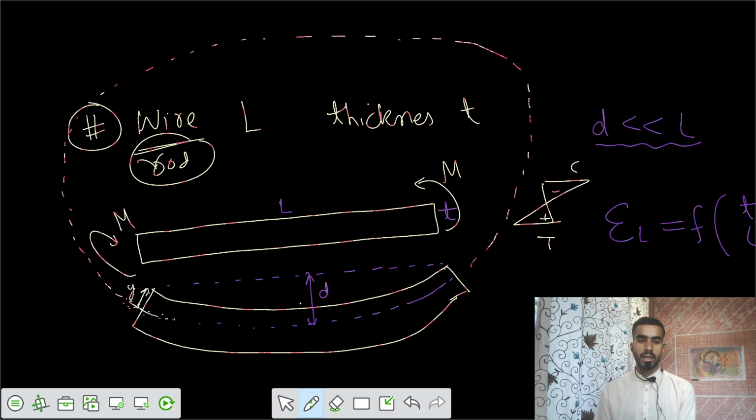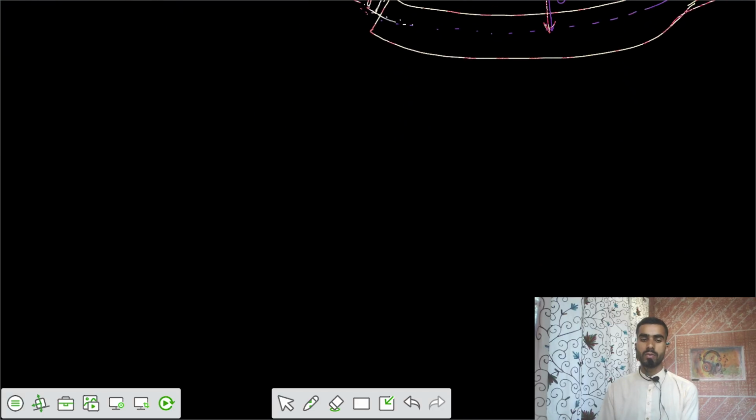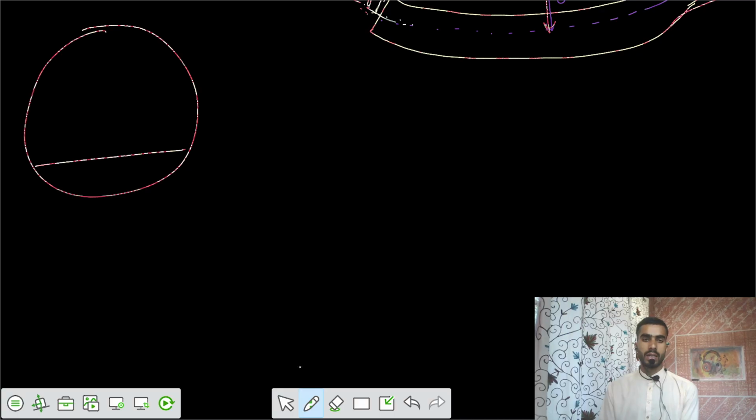This is your D. That means the left part is 2R minus D. The total diameter is 2R, and you subtract the depth D, giving 2R minus D. By the property of the circle, the length was L by 2 and this was L by 2. This is depth, and this is 2R minus D.